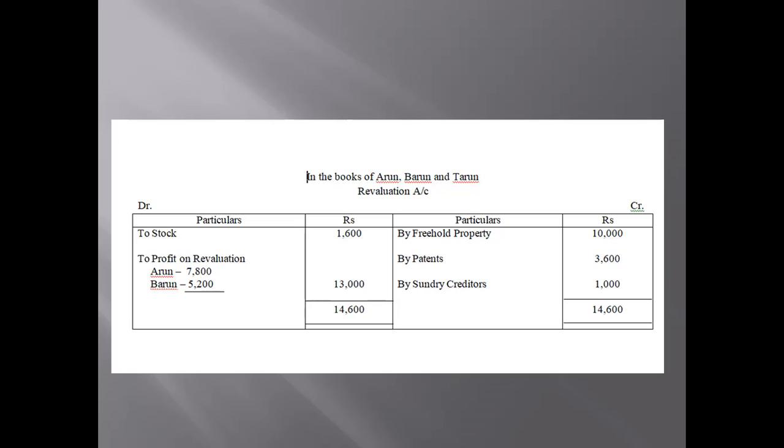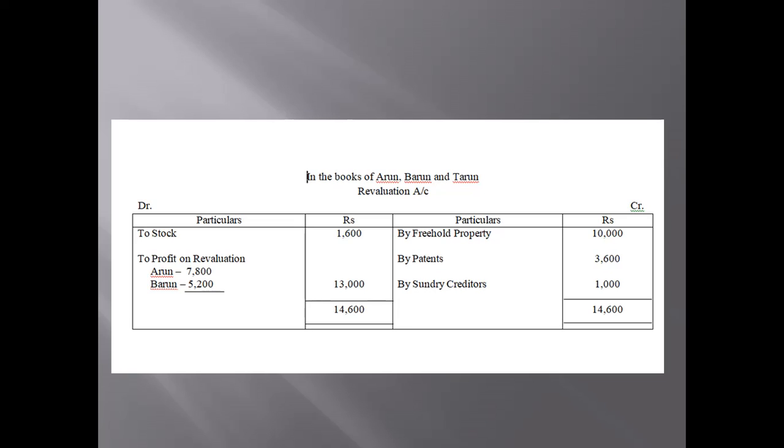Just remember this point: goodwill never appears in the revaluation account, except in rare cases. I don't think we have to do that particular question. I'm just going through freehold property, patents, sundry creditors, stock.